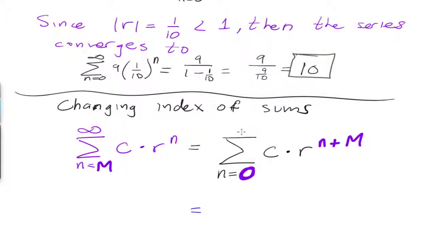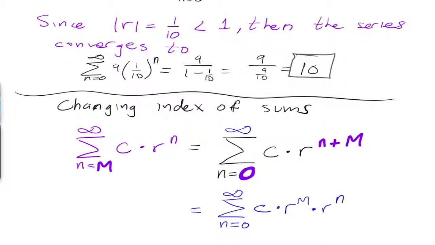Oh, I forgot to put infinity here, but okay. So let's rewrite it. How could I rewrite this r to the n plus m? Using the laws of exponents, this is equal to r to the m times r to the n, right? Yes? Just using the laws of exponents?